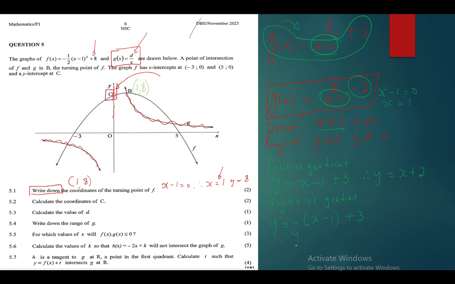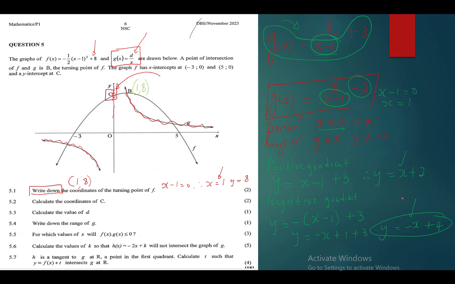So y equals negative x plus 1 plus 3. Therefore, y equals negative x plus 4. This is the equation of the axis of symmetry with a negative gradient, and this other one is the axis of symmetry with a positive gradient.